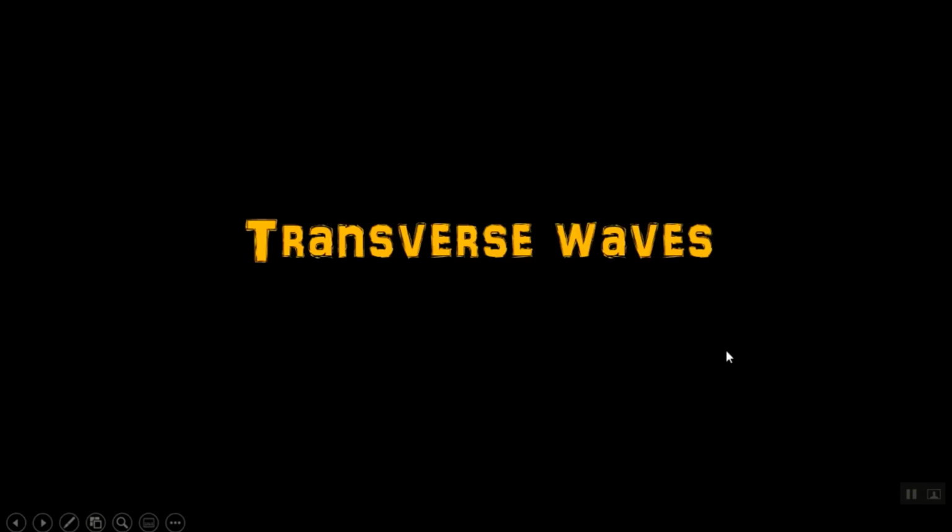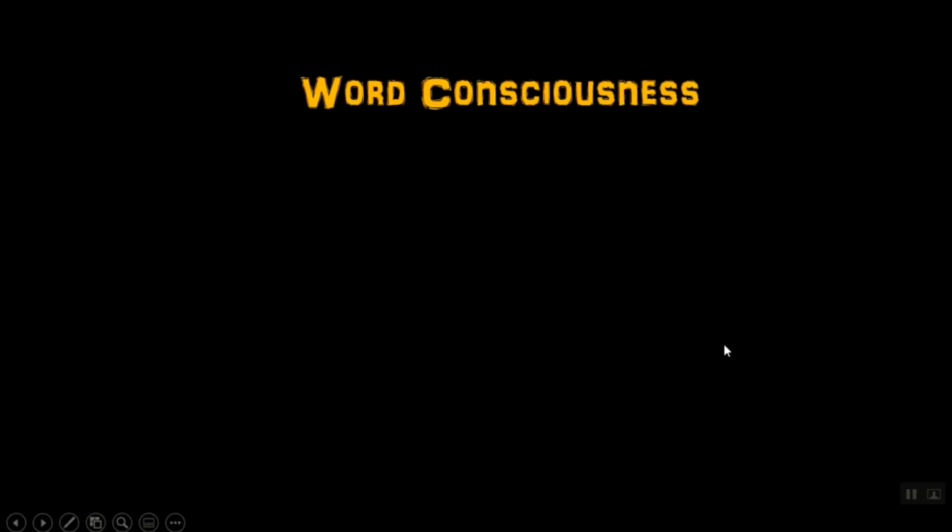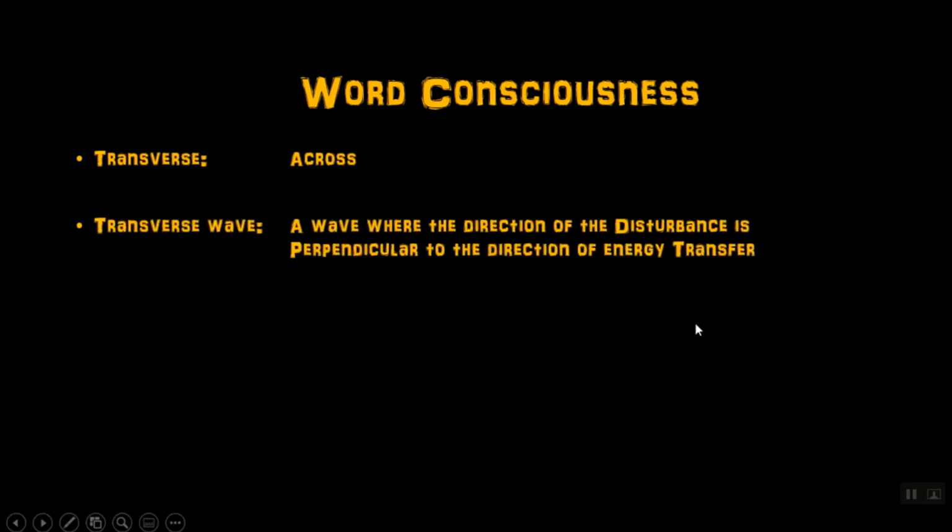Now we're going to look at a transverse wave. Before we start with that, we need to understand that the Latin root for the word transverse means across, and a transverse wave is a wave where the direction of the disturbance is perpendicular to the direction of energy transfer.